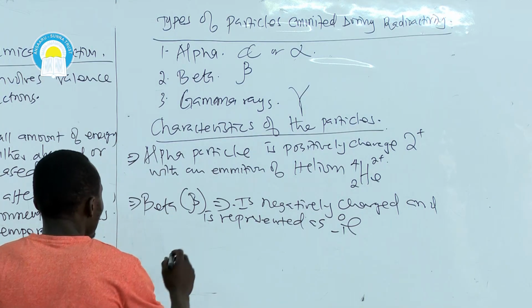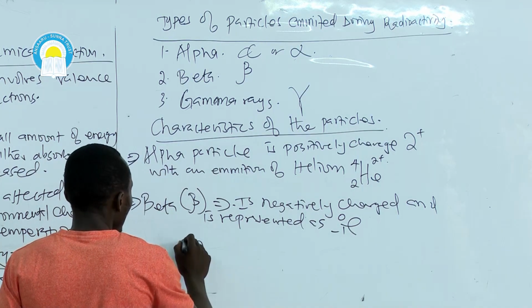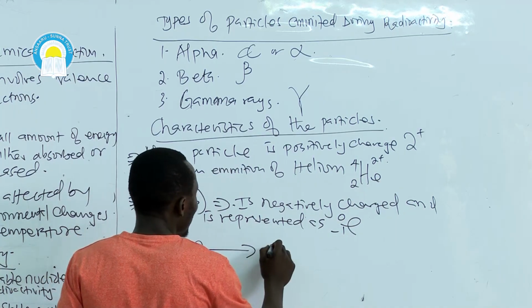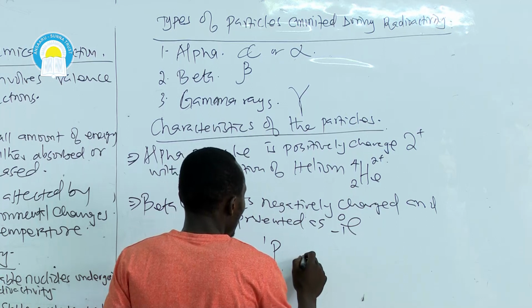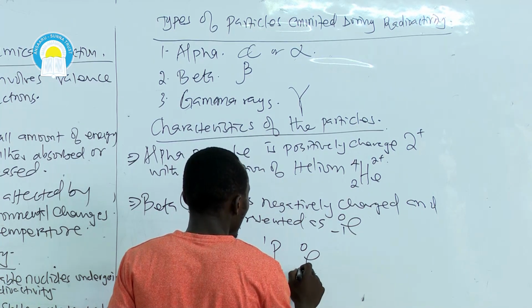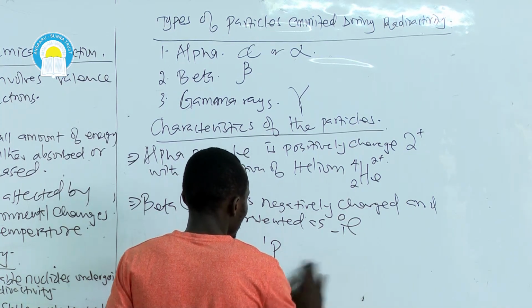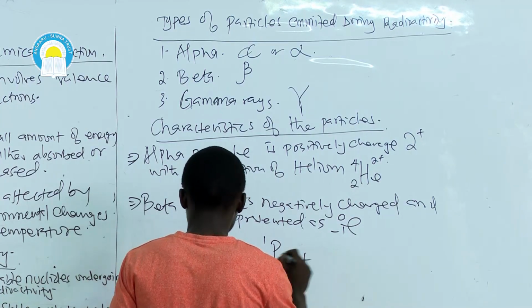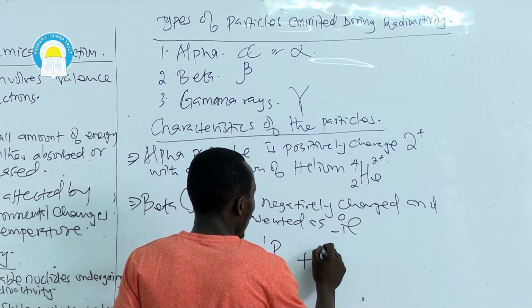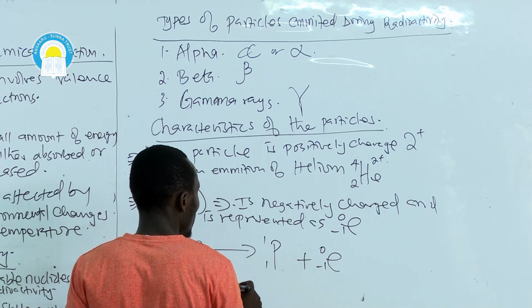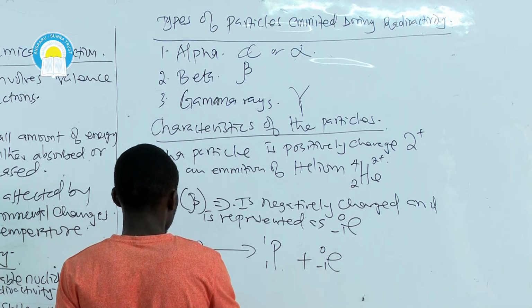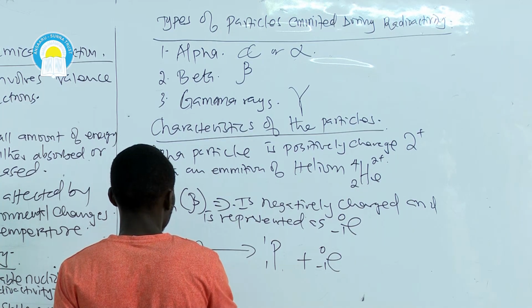So we are going to have a neutron of 1 being converted to a proton of 1, plus an electron of 0, -1. So this one here is 0, here we have 1.